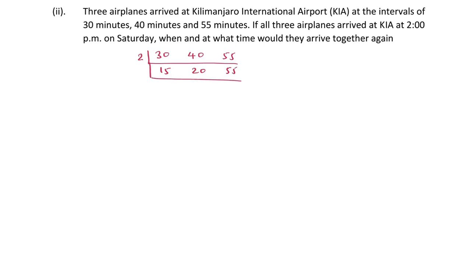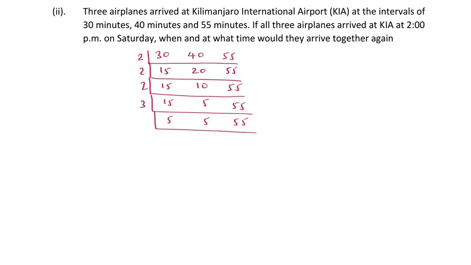Our next number is 2, so dividing here we are going to have 15, and here is 10, and here is 55. The next number is 2, so here is 15, and here is 5, and here is 55. Our next number is 3, so here is 5, and here is 5, and here is 55.